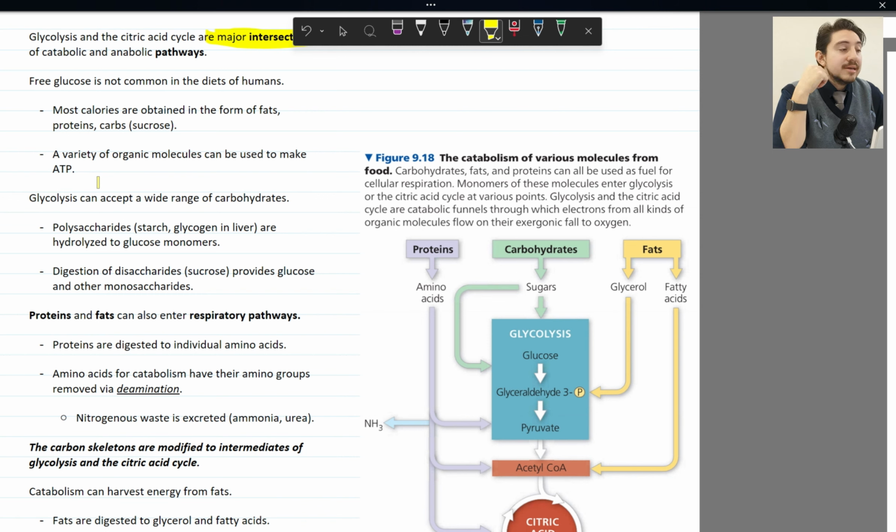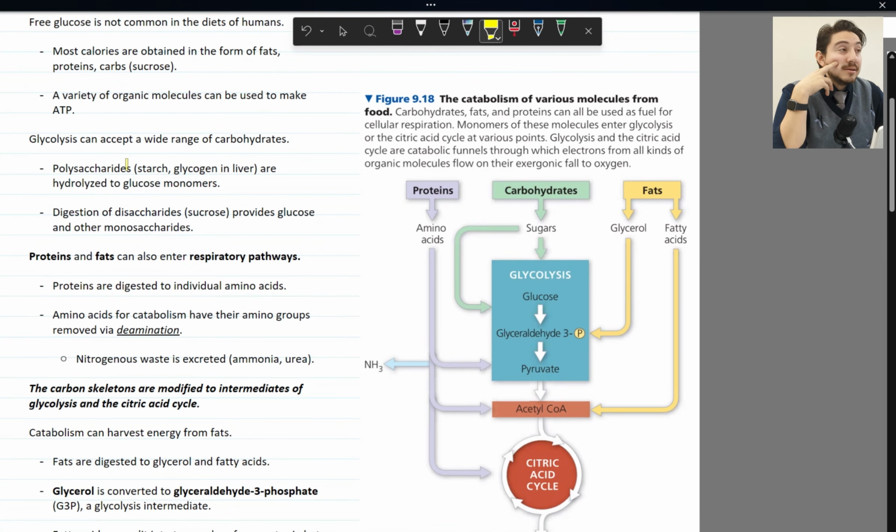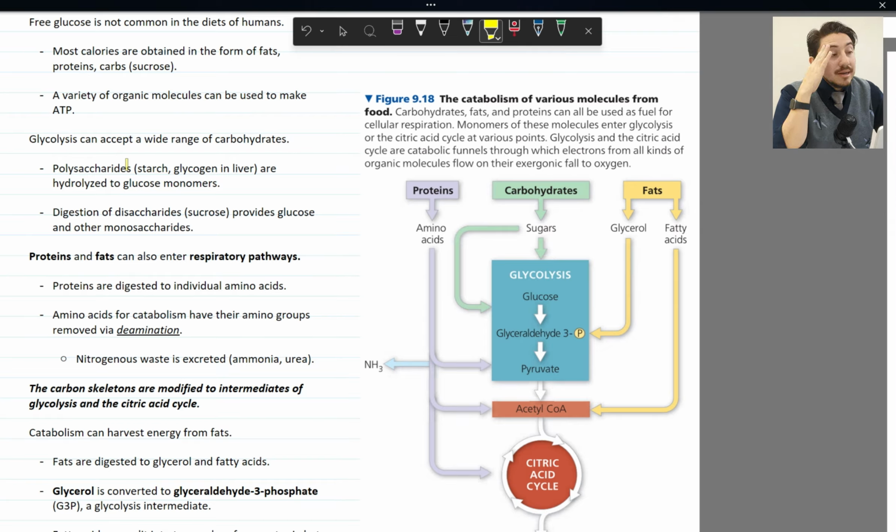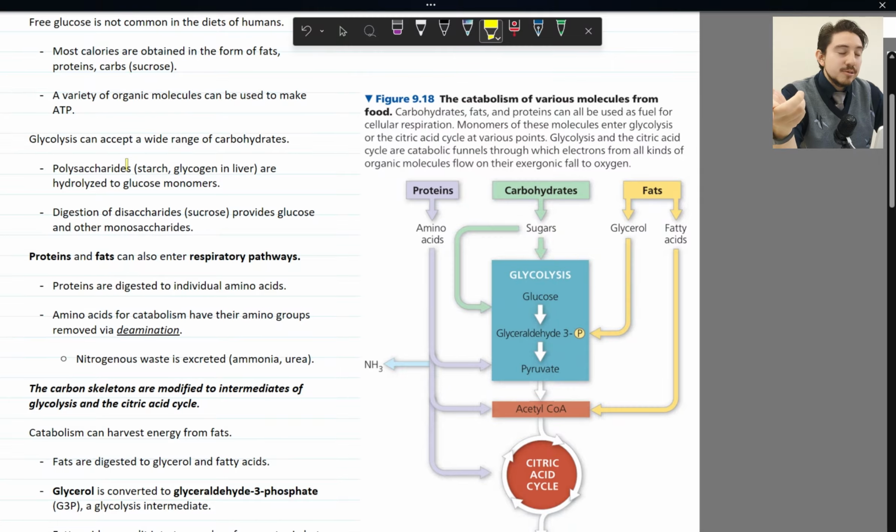We generally get most calories from fats, proteins, and carbs in the form of sucrose. You can use these different molecules to produce ATP, right? Not strictly glucose only. And ultimately, you'll break glucose into pyruvate to produce ATP.